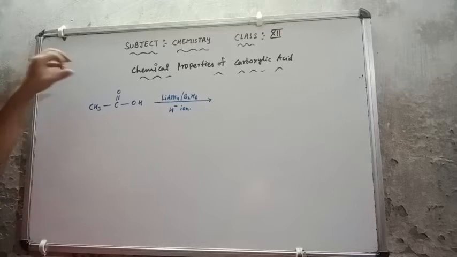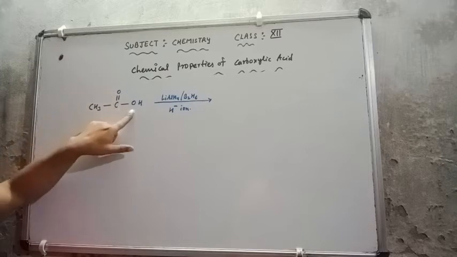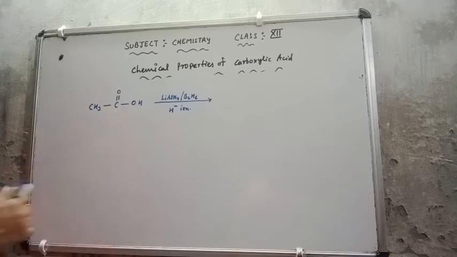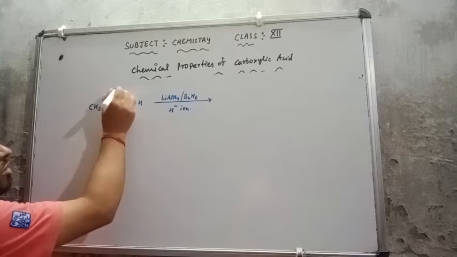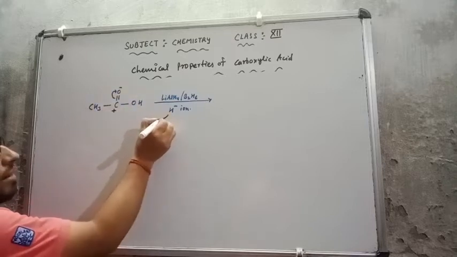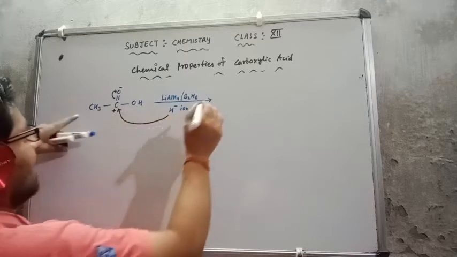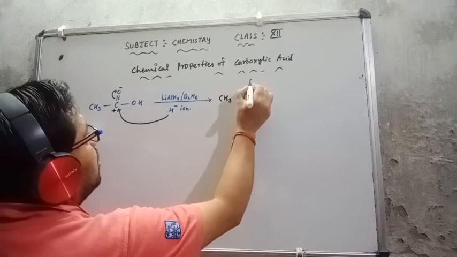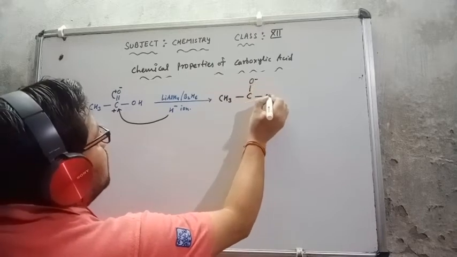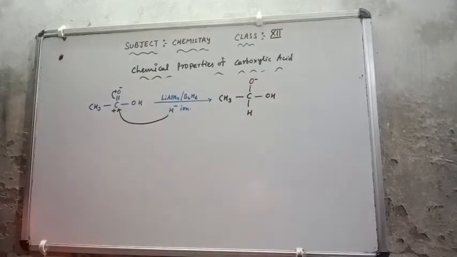Now again the same situation is available here. This carbon is attached on two sides to the more electronegative oxygen, so the carbon is again electron seeking. It is getting a positive charge, and the bond will transfer the electrons towards the oxygen, which gets a negative charge. So the hydride ion's negative charge will attack the positive carbon. So what I am getting here: CH3 single bond C, single bond O negative, single bond OH, single bond H, and this is H.